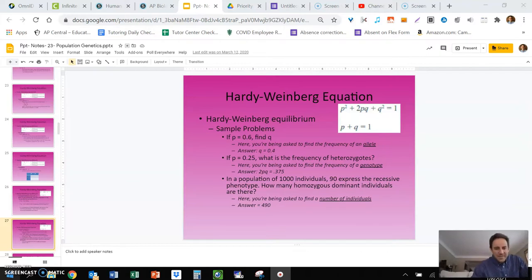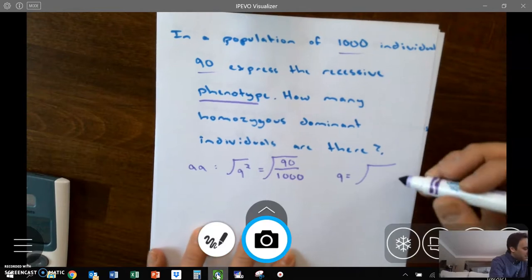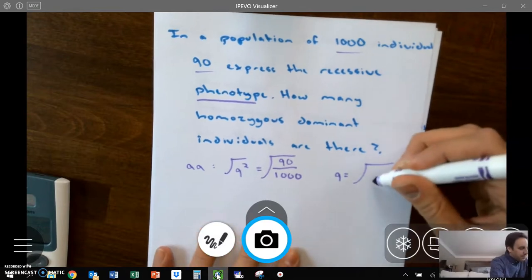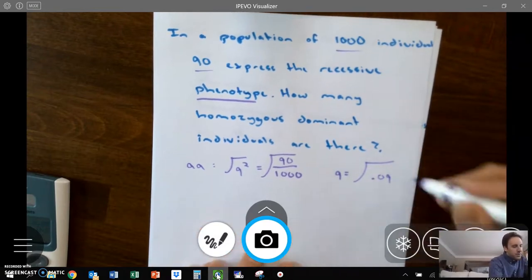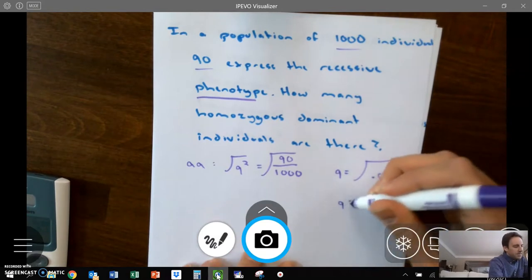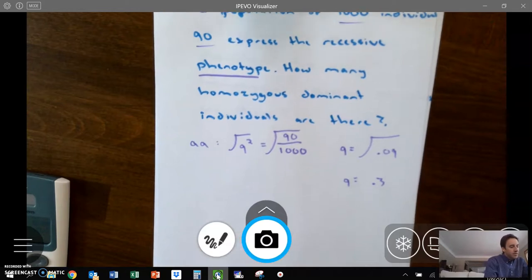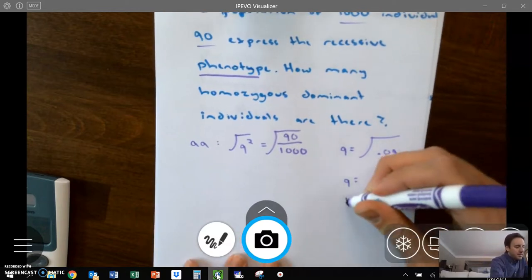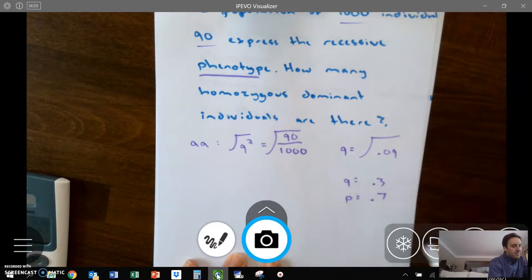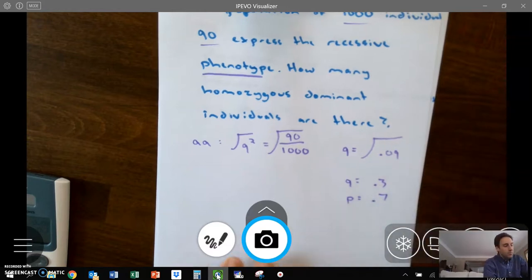So let's go back to our cam here. 90 over 1,000 is basically going to be 0.09. And so the square root of 0.09 means that Q is equal to 0.3. So if Q is equal to 0.3, that immediately tells me that P is equal to 0.7 because P plus Q should equal 1.